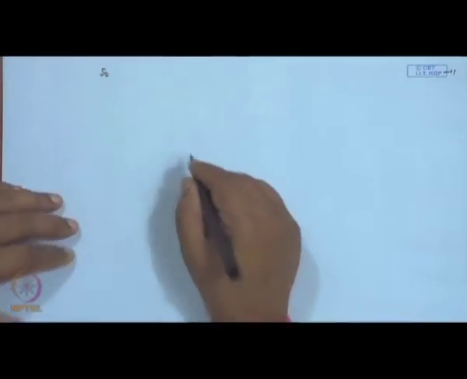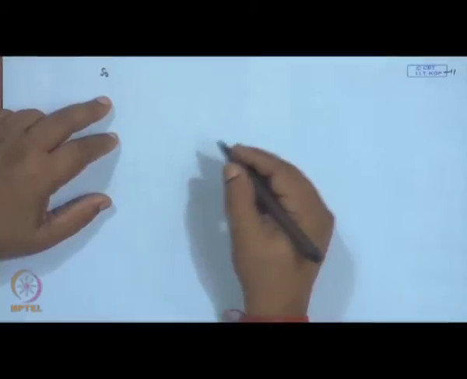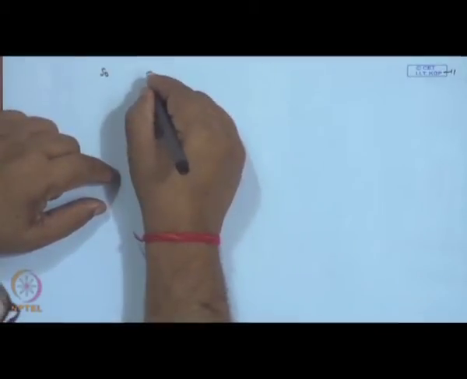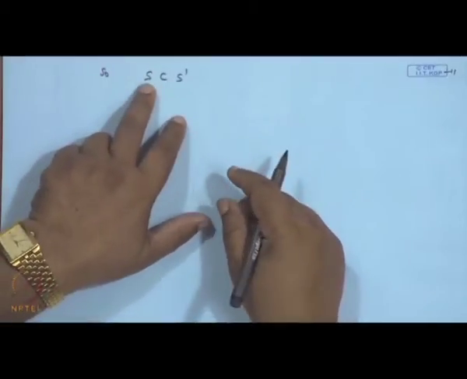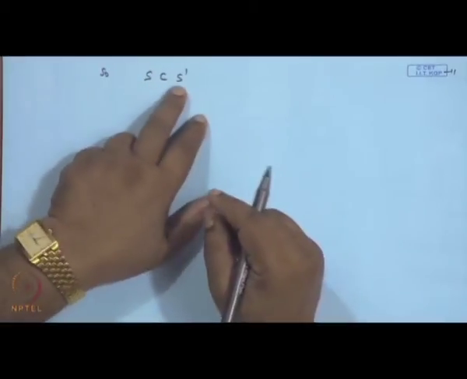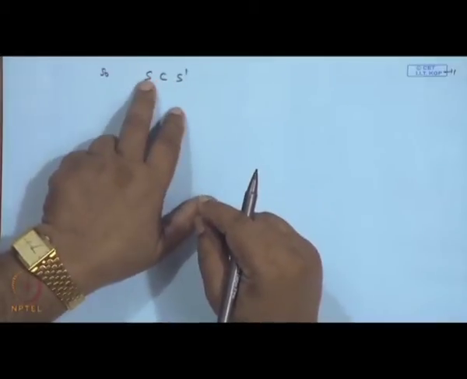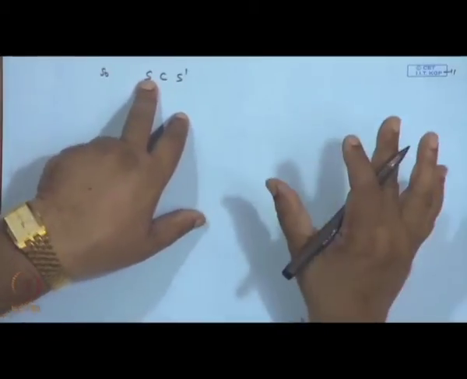In such a case, S will always be a subset of S dash, because every point of S is a limit point, so S dash will contain all the points of S.